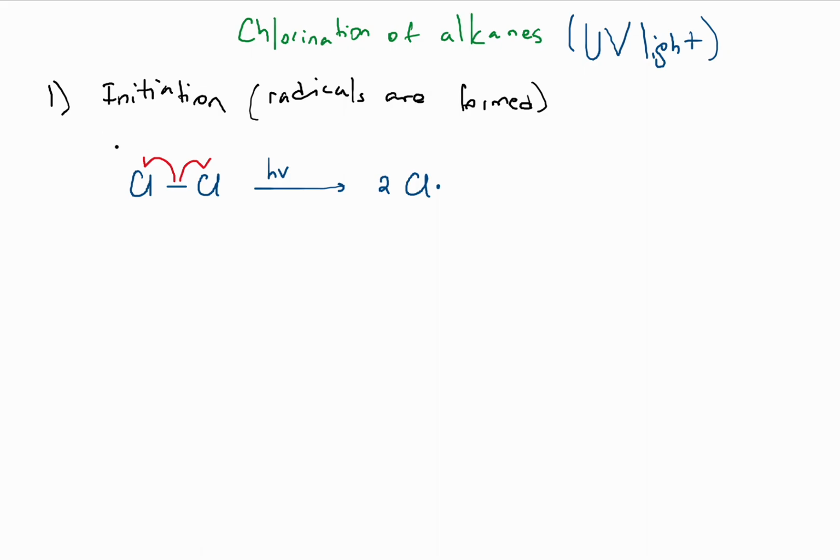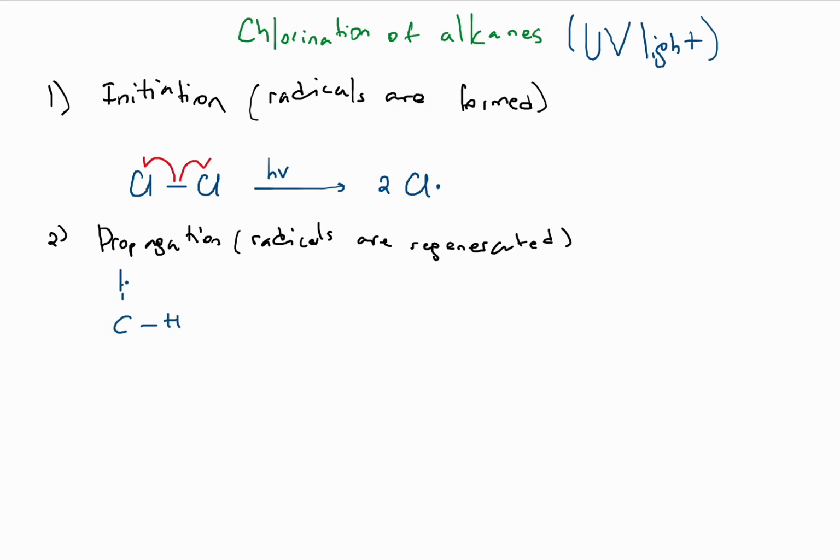The next step is propagation. In propagation, there are 2 reactions happening, and radicals are regenerated. Here we have our chlorine radical, and let's say the alkane is methane, the simplest alkane, CH4.